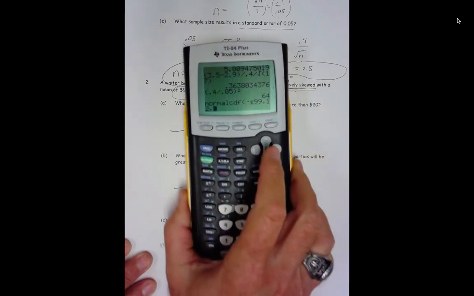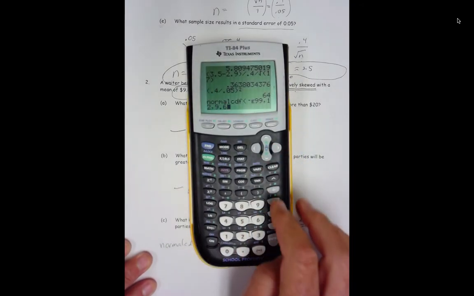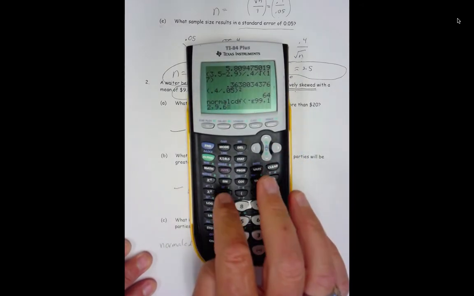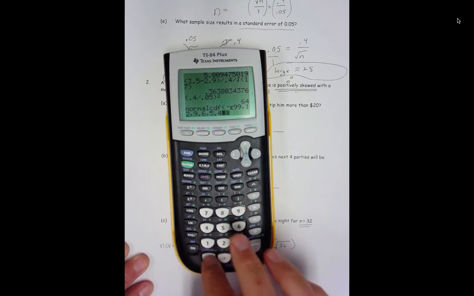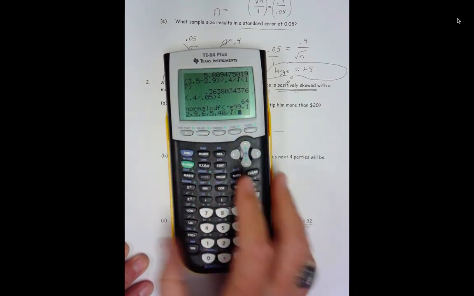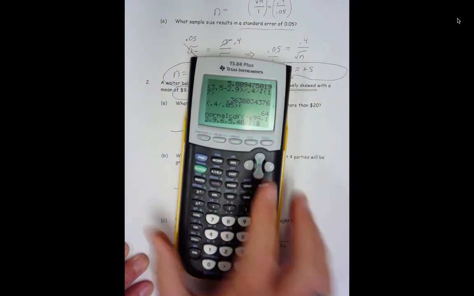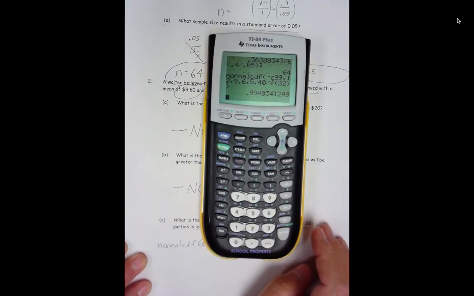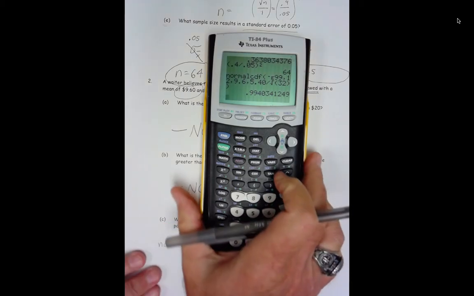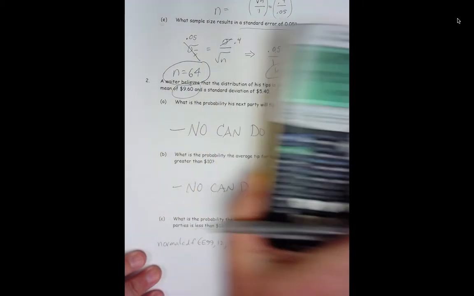What is it, 9.60? Okay, what we got now? 5.40. Square root of 32. All right, so we get a probability of 0.9940.